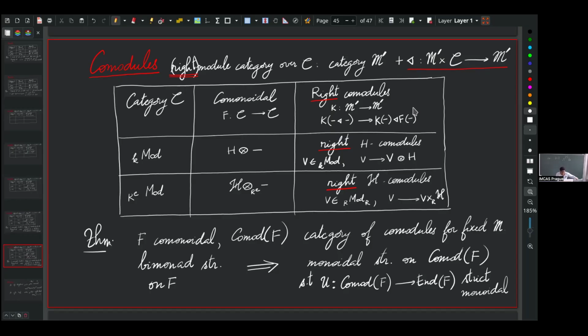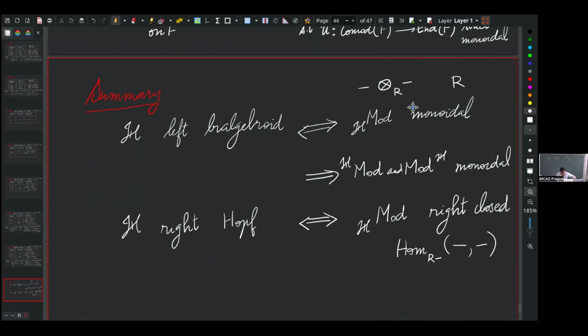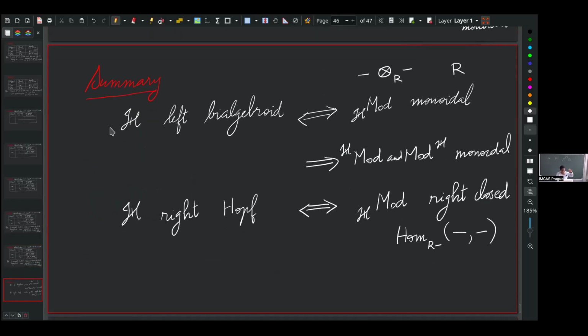Okay, and with this we are done, and I will summarize one last time the structures that we have associated to our left bialgebroid. A left bialgebroid structure on H is equivalent to a monoidal structure on its category of left modules, where the monoidal structure is just the one of R bimodules. So this is the tensor product and this is the unit.